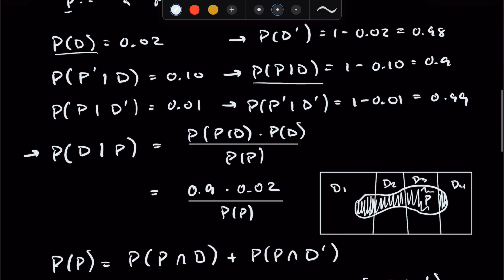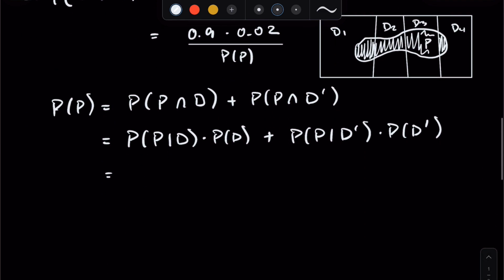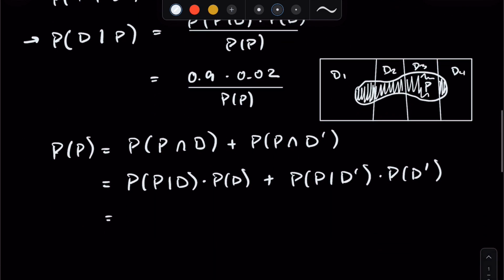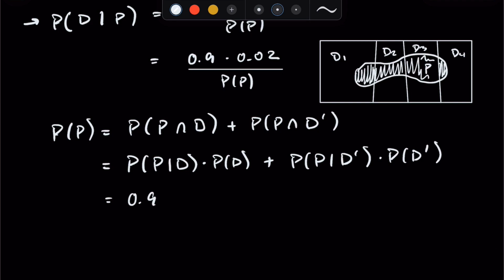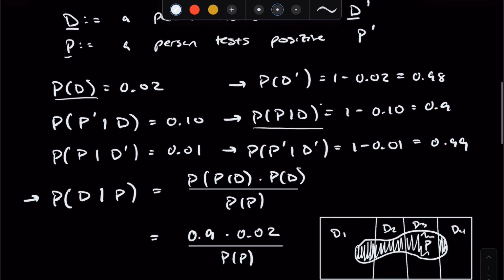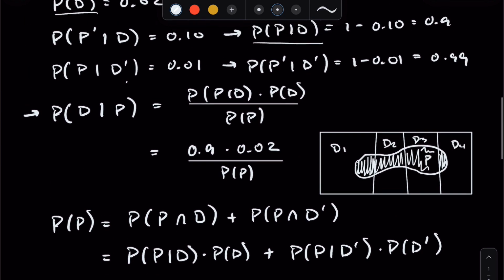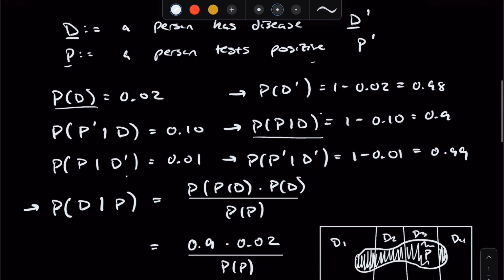So now we can begin to solve for this expression. The probability of P given D times the probability of D is 0.9 times 0.02 plus right here probability of P given D prime, 0.01, times probability of D prime, 0.98.